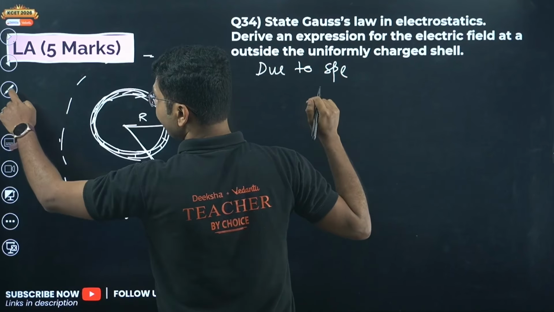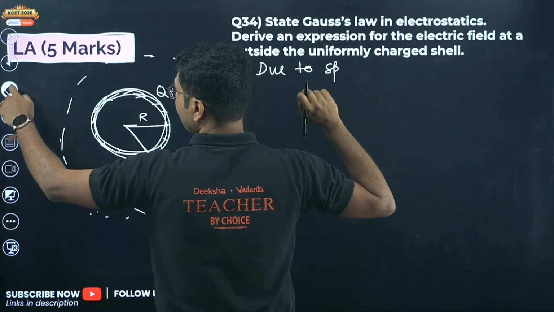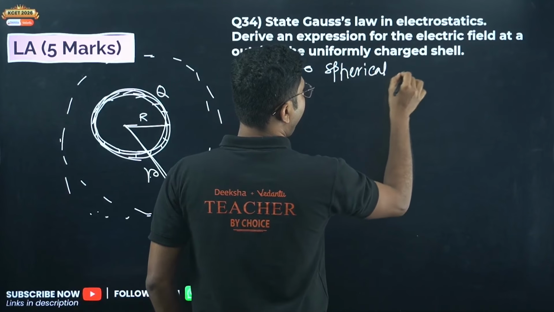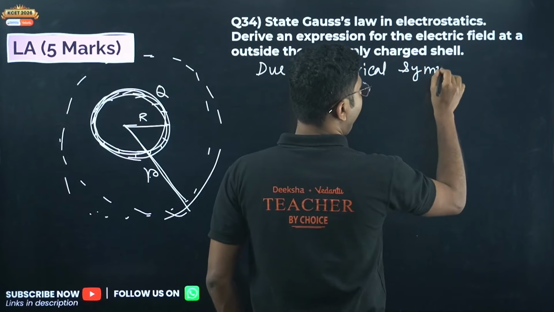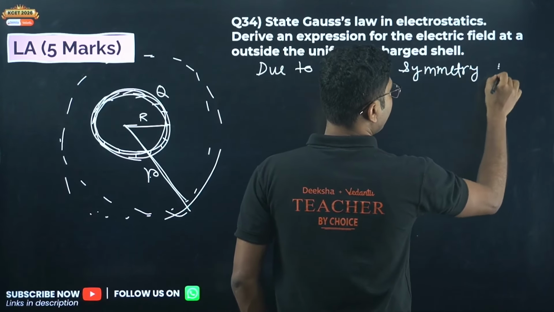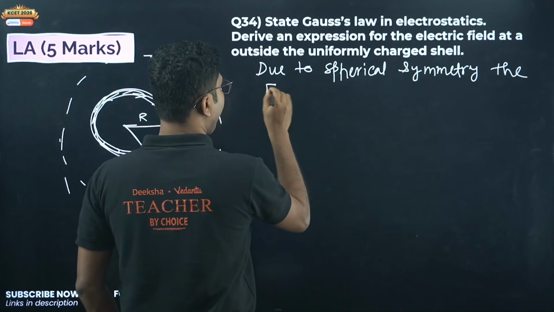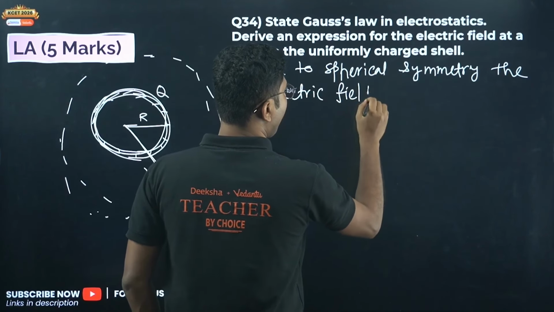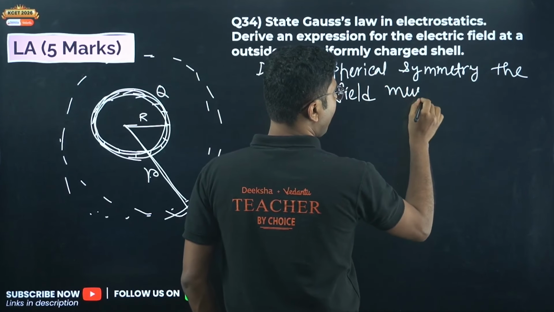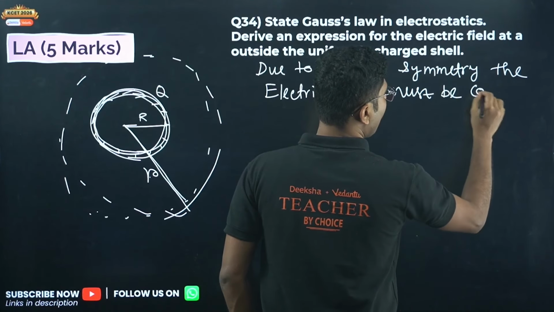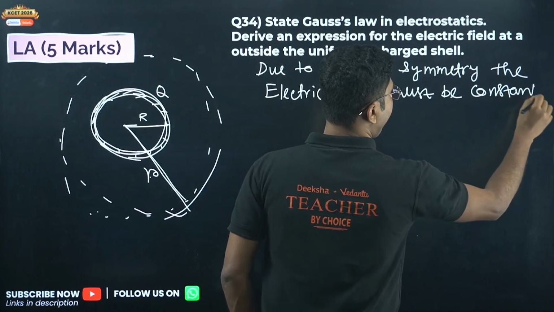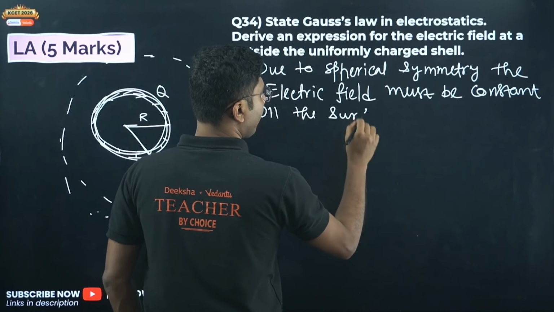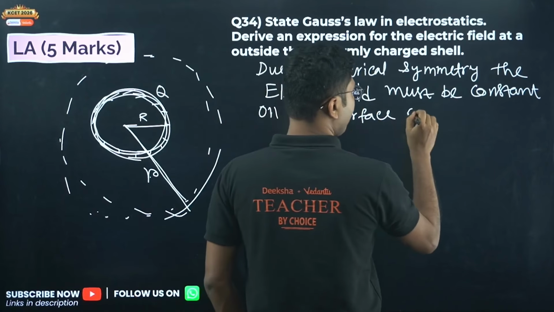So in the last derivation also, if you have to write that, due to spherical symmetry, the electric field must be constant on the surface of the sphere.